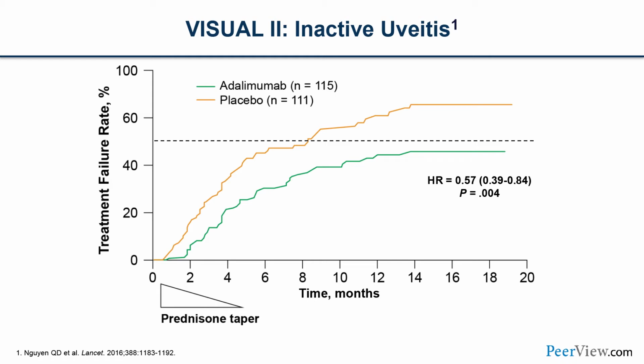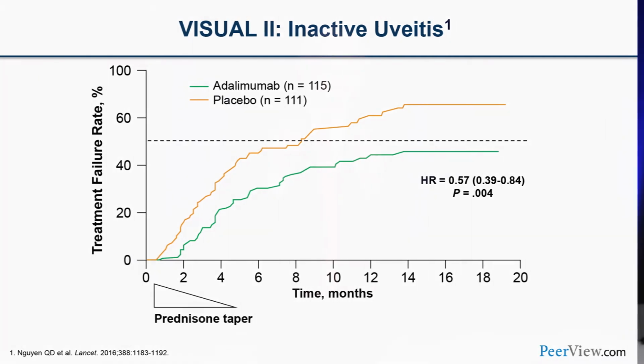And again, adalimumab was clearly superior to the placebo. But I want to call your attention to something very important in both the Visual 1 and the Visual 2 study. And that is, while adalimumab worked, roughly 50 to 60% of the time, patients still failed. And why was that? I'm going to come to that in just a moment.